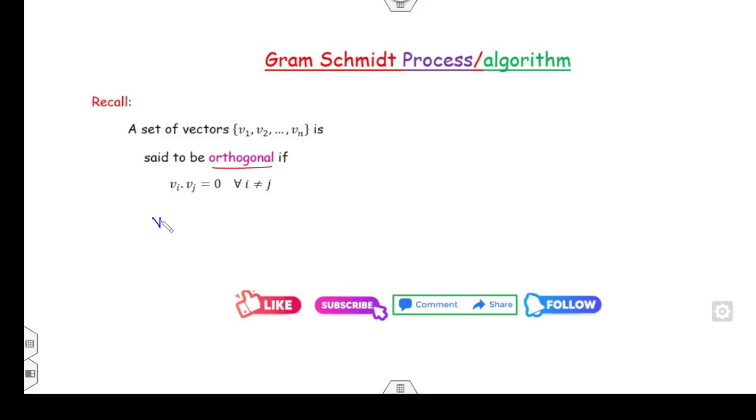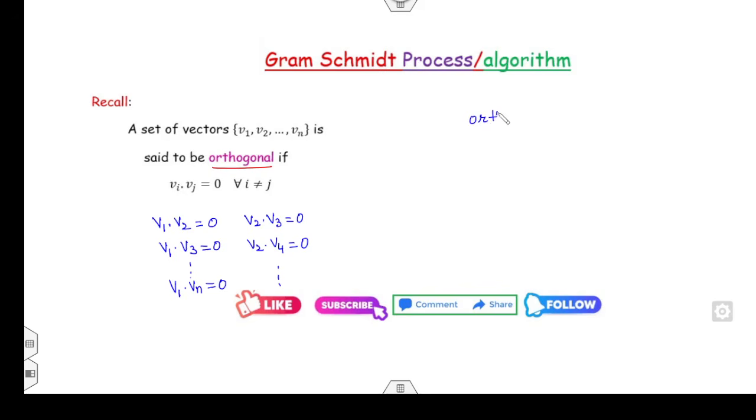Meaning v1 dot v2 must be 0, v1 dot v3 must be 0, and v1 dot vn must be 0. Similarly, v2 dot v3 must be 0, v2 dot v4 must be 0, and so on. Whenever these properties hold, then these vectors are said to be orthogonal.